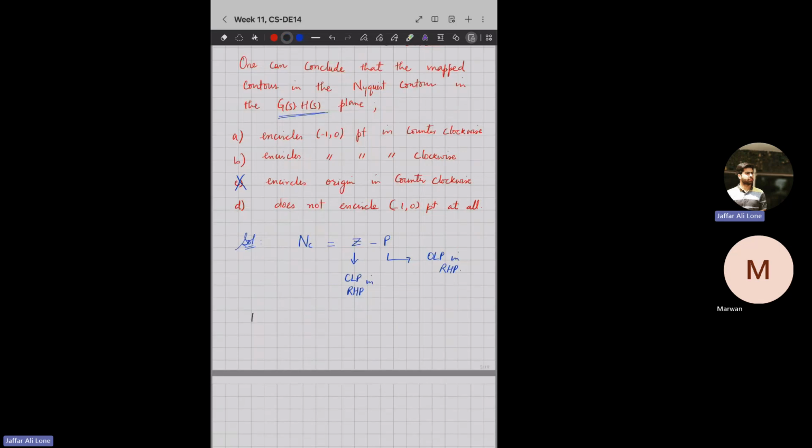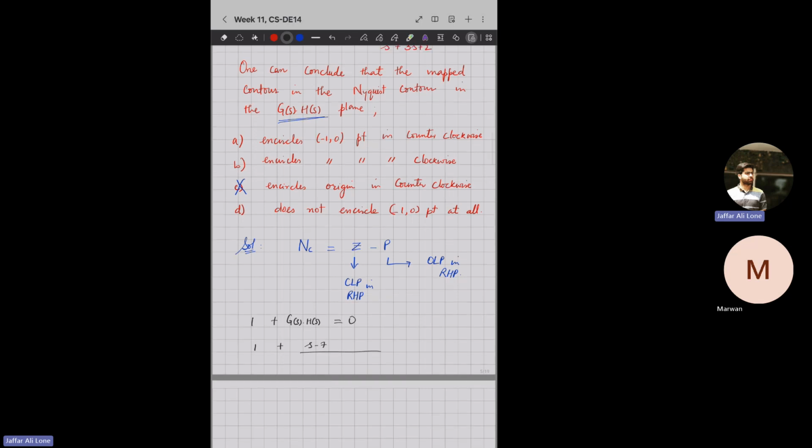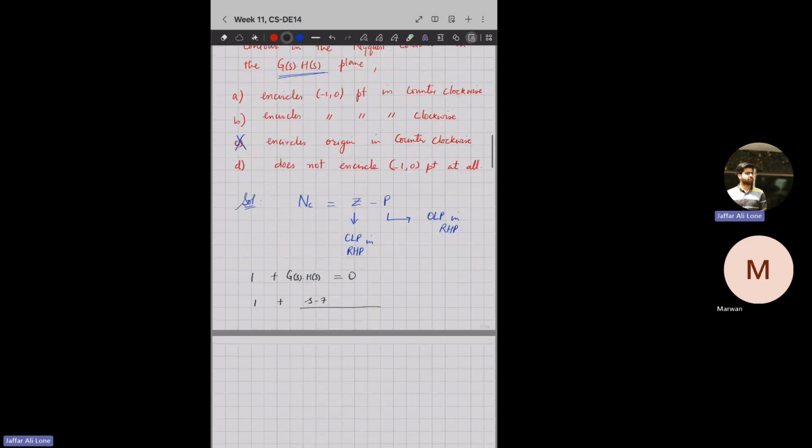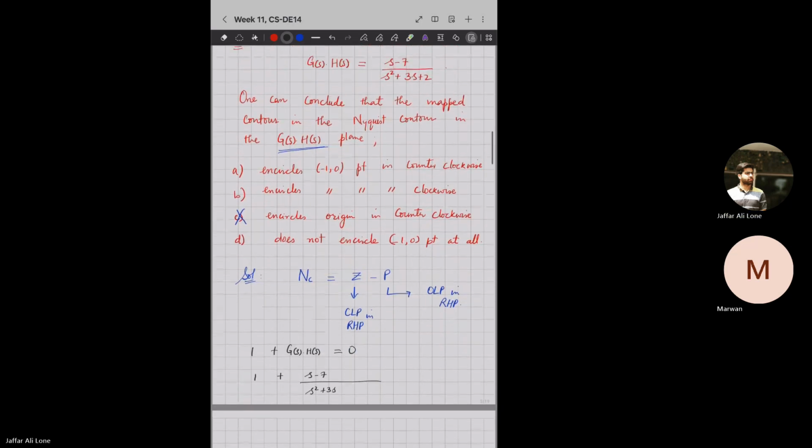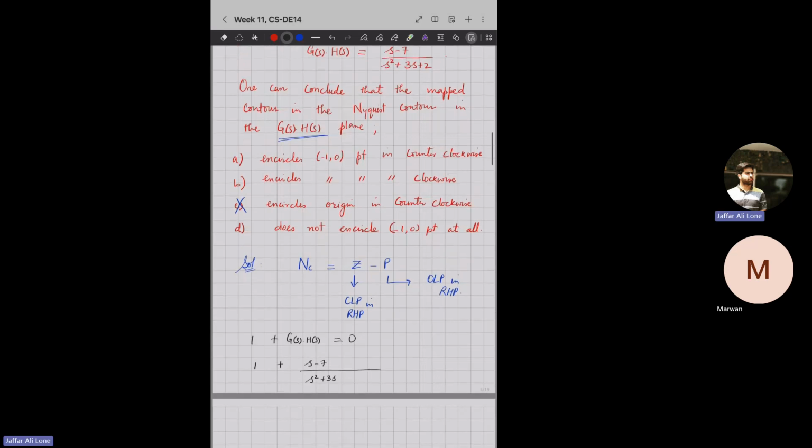For Z, I will do 1 plus G of S H of S is equal to 0. So 1 plus S minus 7 divided by S square plus 3S plus 2.